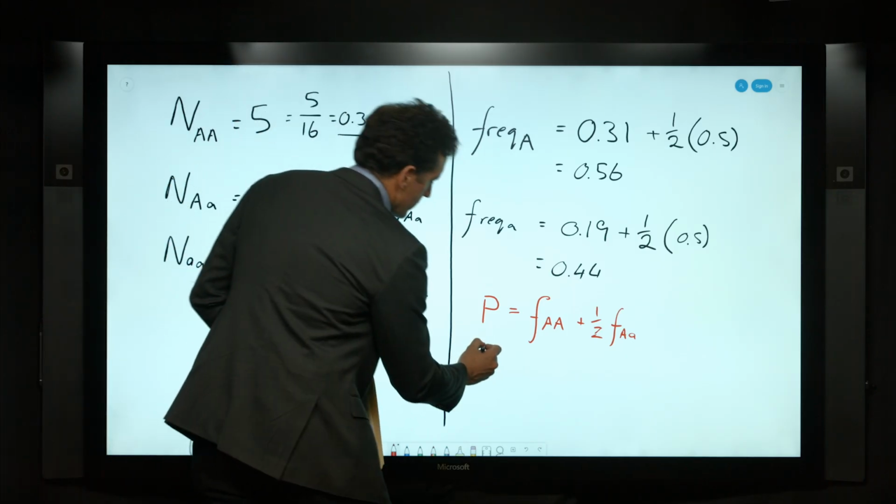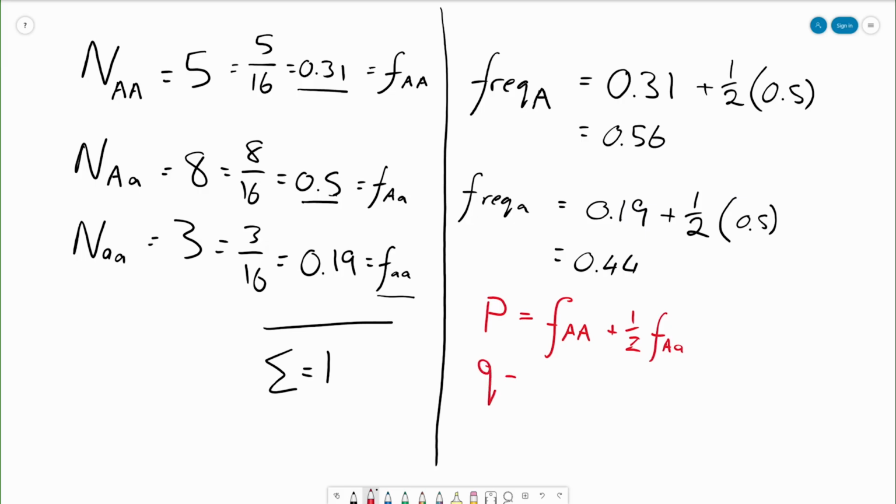By contrast, the Q allele, which by convention we use for the lower frequency allele, is present at the frequency equal to the little a genotype plus half the frequency of the heterozygotes.